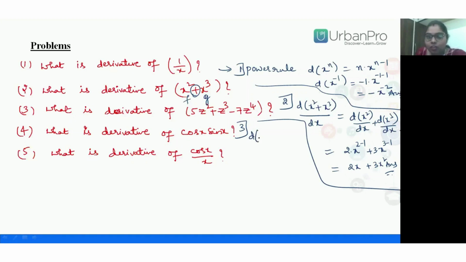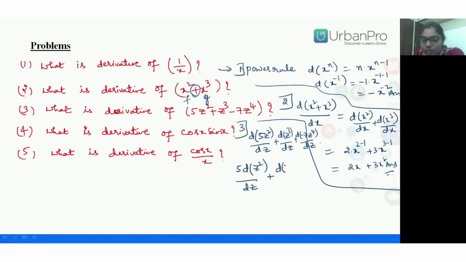So differentiation of 5z square with respect to z, plus differentiation of z cube with respect to z, minus differentiation of 7z power 4 with respect to z. 5 is a constant, so we can keep it aside, and 7 also we can keep aside.